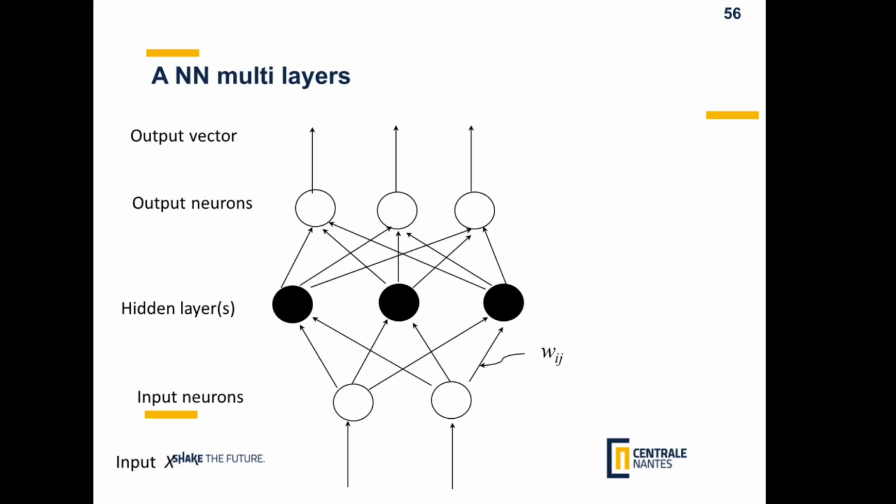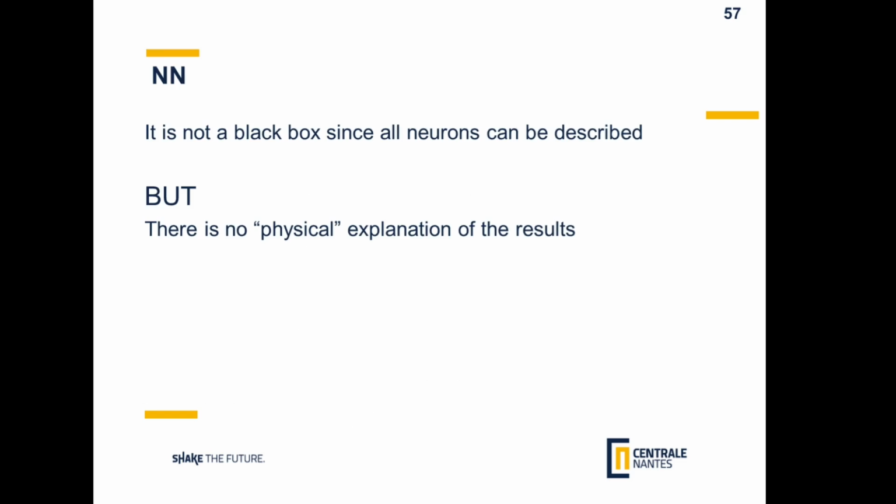It's quite clear for a mathematician what it is, but then you lose the explanation to the field. So there is no physical explanation of the result, which might be frustrating, but enables you to build more complex relationships and obtain interesting results.